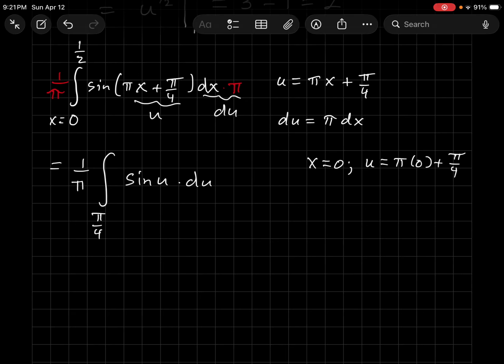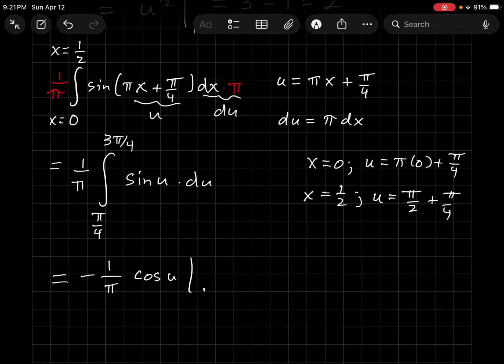And then when x equals 1/2, my original upper limit, we get u equals pi times 1/2 plus pi over 4, or 3 pi over 4. So I like to change everything to u's and just leave them as u's. The integral of sine is negative cosine, so I have negative 1 over pi times the cosine of u, from pi over 4 to 3 pi over 4.